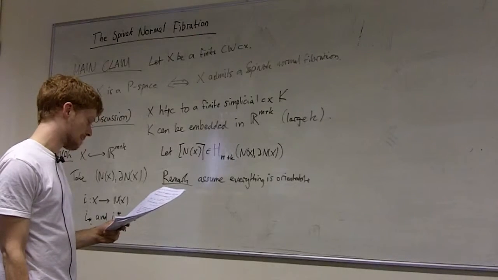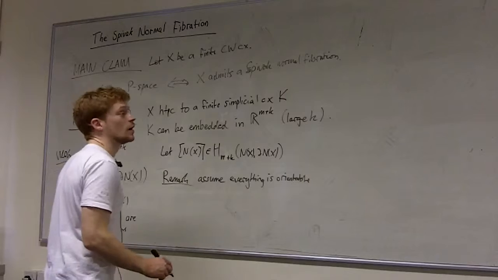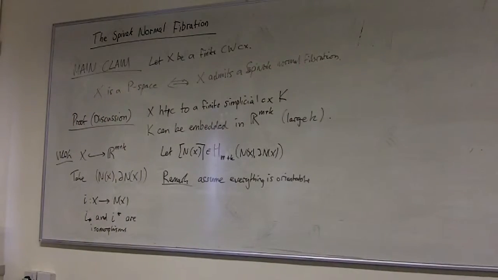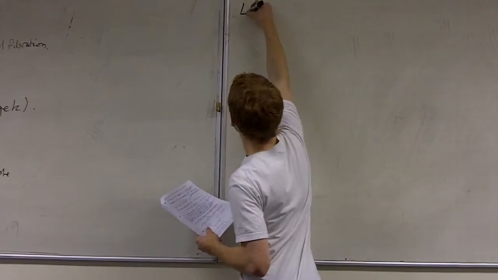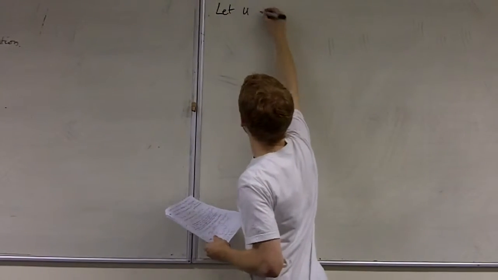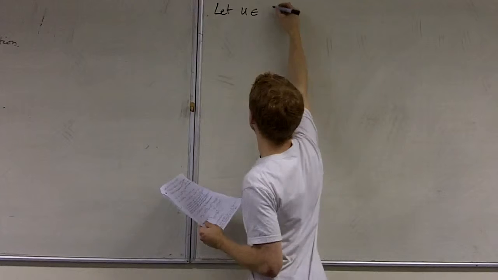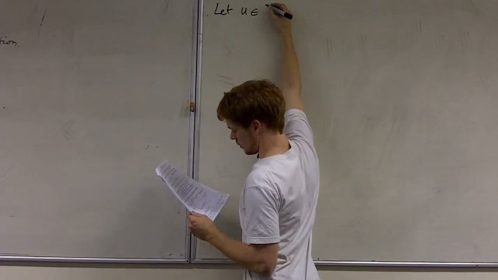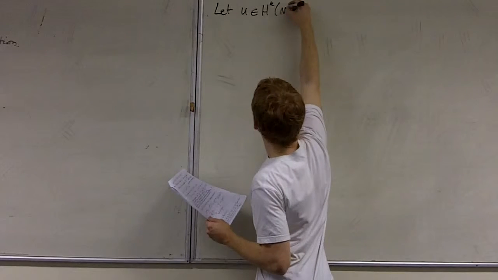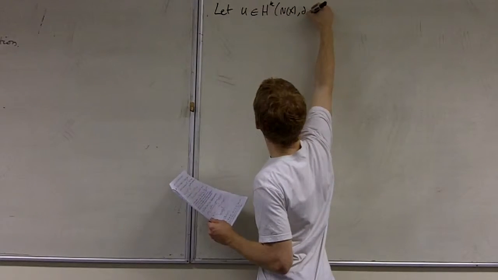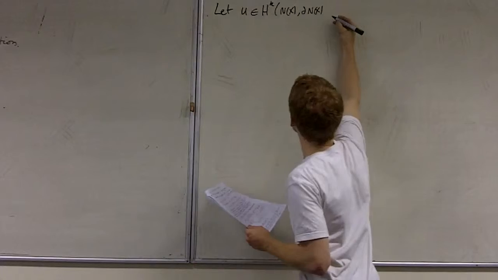Okay, so then I'm going to draw the following commutative diagram. Let U be any class in, where should it live? There we go.